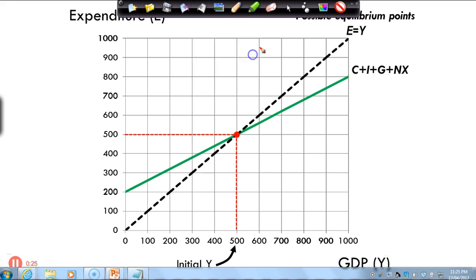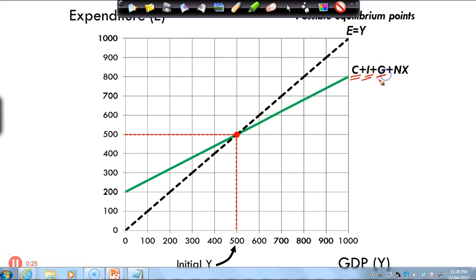For example, what if we were to assume that consumers suddenly felt very confident about the future, and so decided to spend more than they did before, even though their incomes hadn't changed? Or if businesses became very upbeat about the future, and they thought the future looked very bright, and so they decided to engage in a lot more investment expenditure, building more offices and factories and buying more equipment and so on.